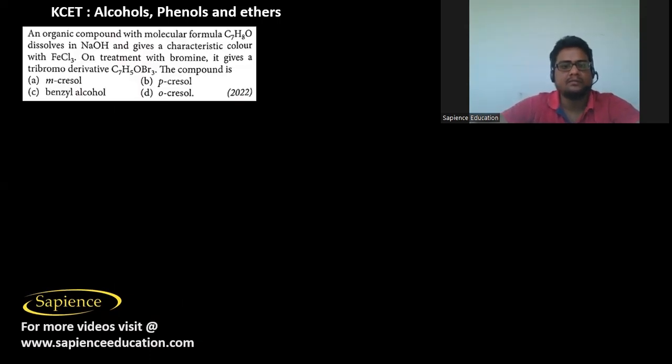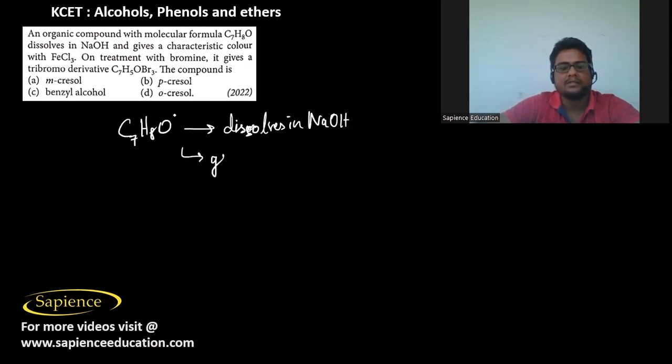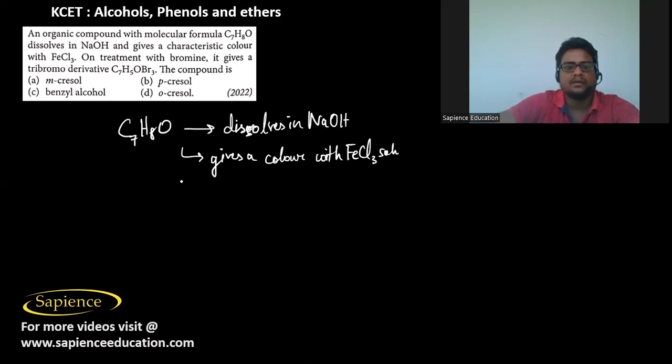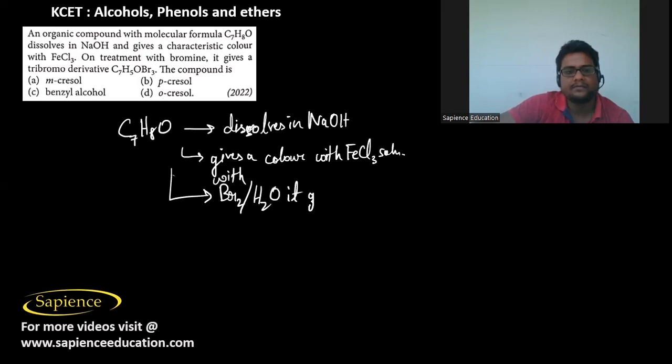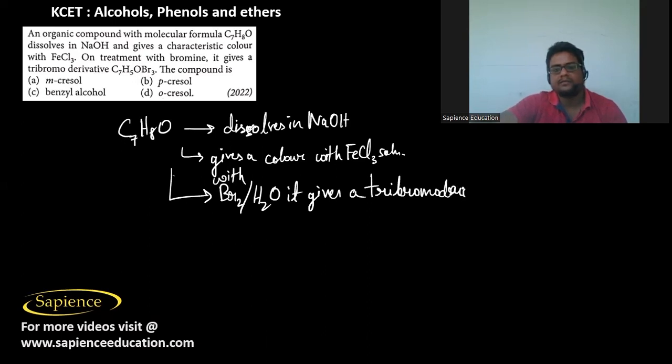Then it is told an organic compound with molecular formula C7H8O dissolves in sodium hydroxide, and it gives a characteristic color with FeCl3, ferric chloride solution, and on treatment with bromine water, it gives a tribromo derivative which is C7H5OBr3.